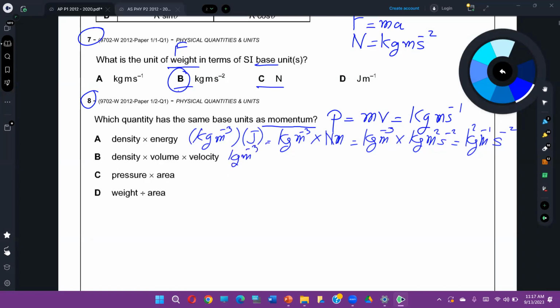Kg m⁻³ into volume, which is meter cube, into velocity. Please combine them. Why is it m⁻¹? It's just m⁻³. There's no negative sign there. kg m⁻¹ s⁻¹.